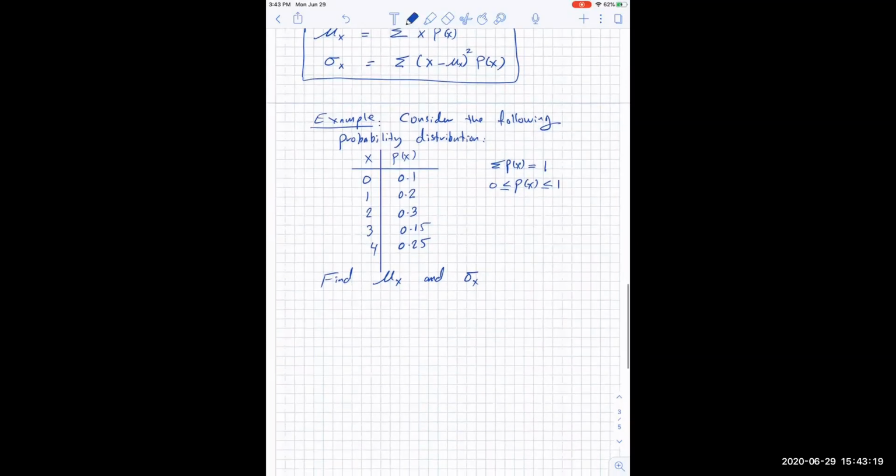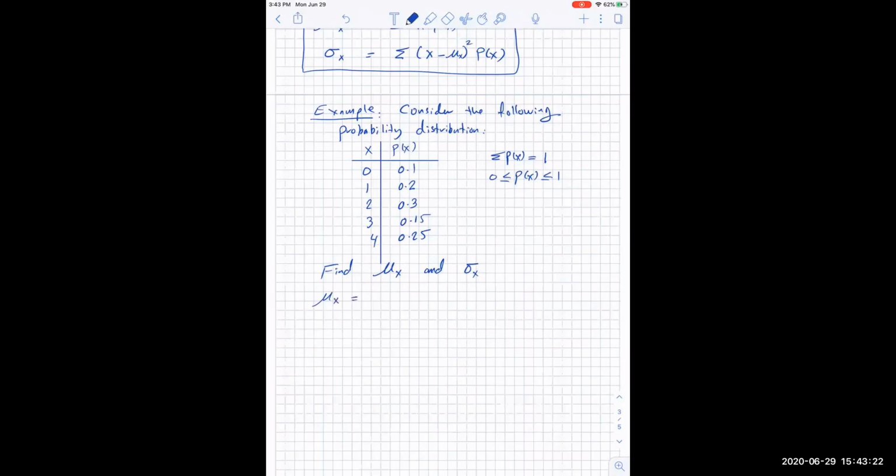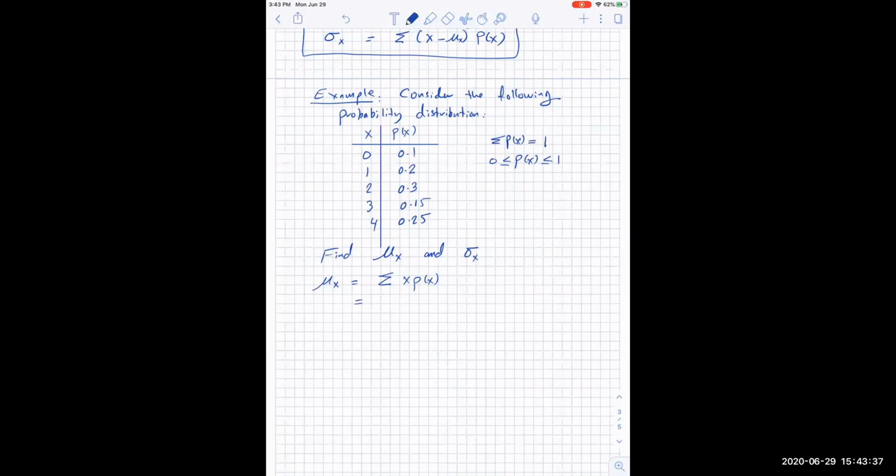Now, to find the mean, which is the sum of the products, you multiply each X value by its probability. So take the first value of X, which is 0, times its probability value 0.1, plus 1 times 0.2, 2 times 0.3, 3 times 0.15, and 4 times 0.25.